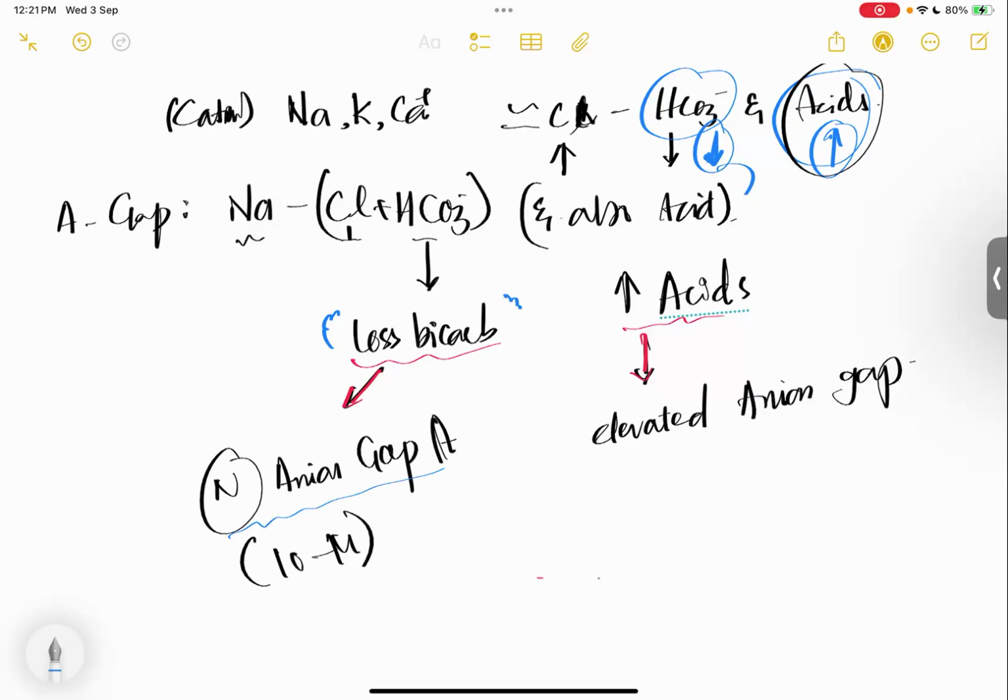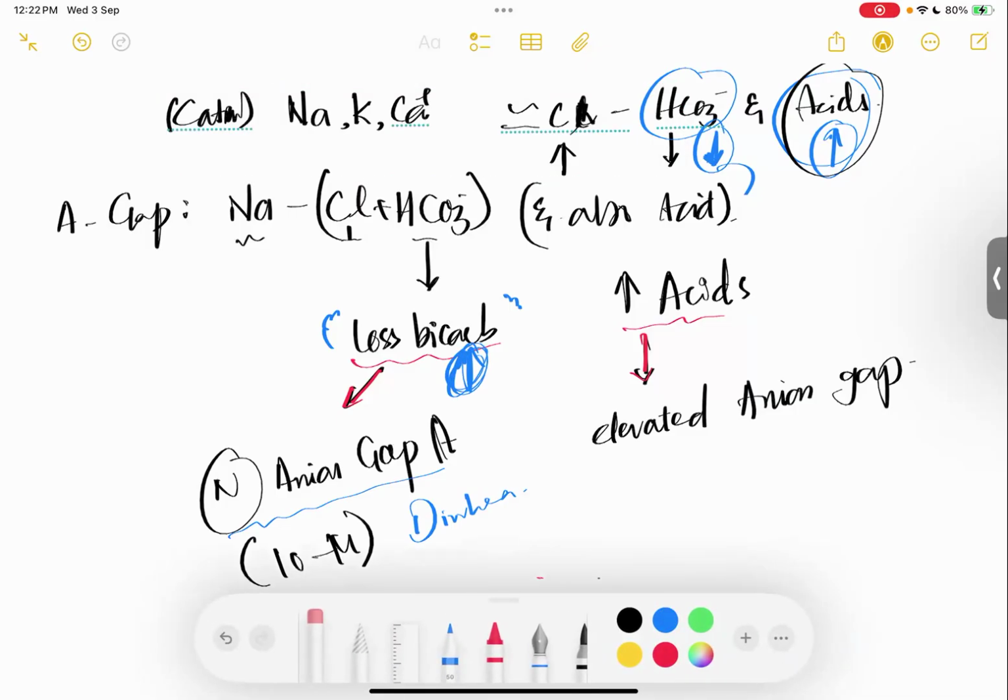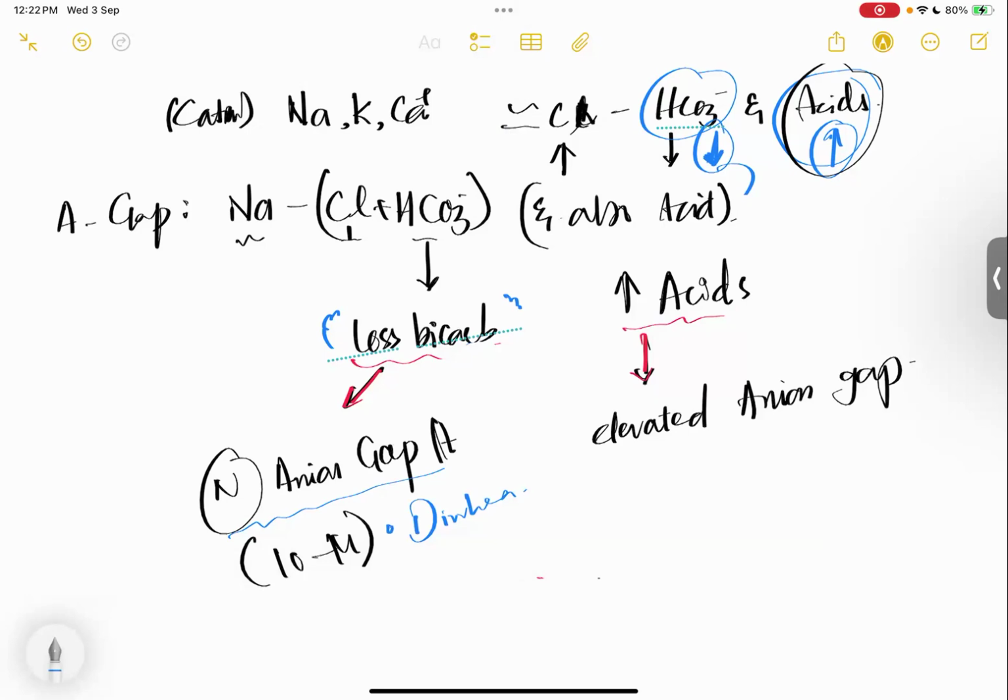For example, if we have diarrhea, we are losing bicarbonate, okay? We don't have any increase in acids in the body. We are losing bicarb, so the root cause of the problem is bicarbonate itself. Example is diarrhea. Another example is renal tubular acidosis.